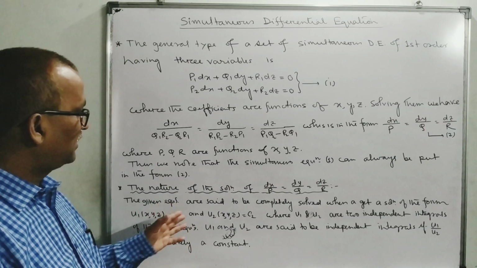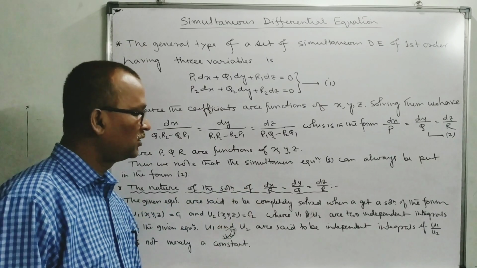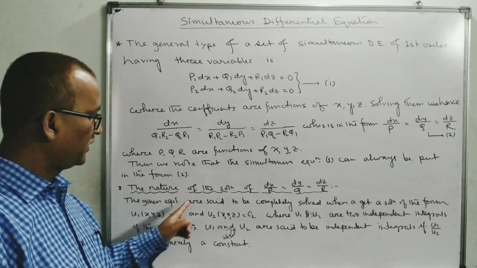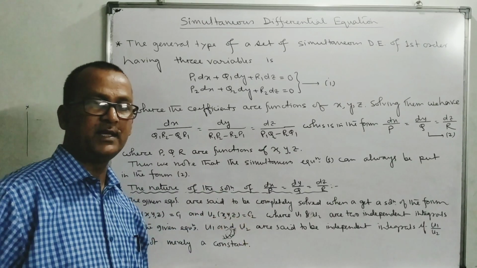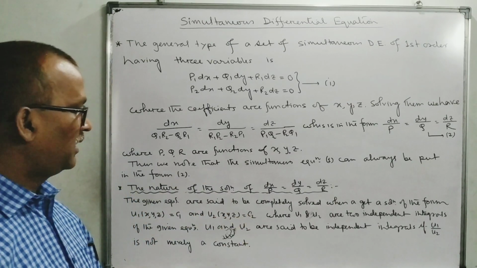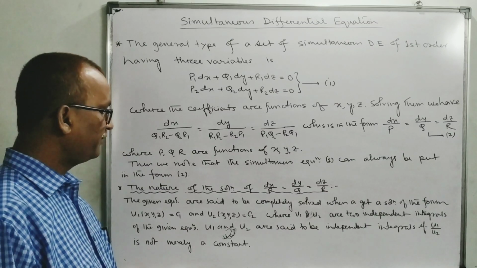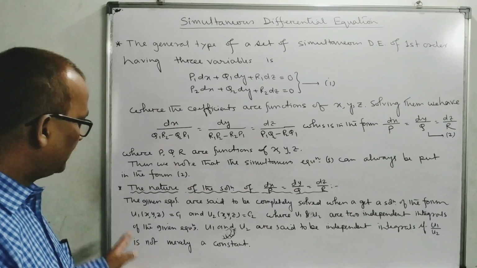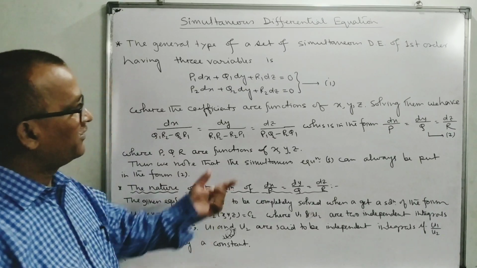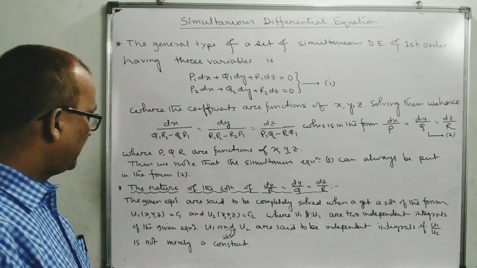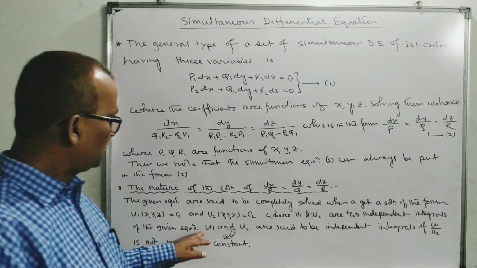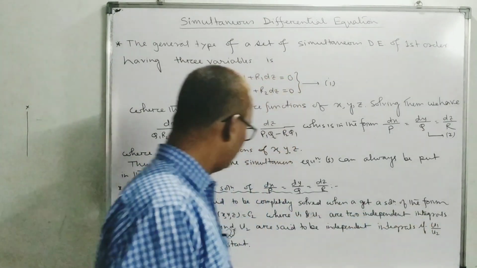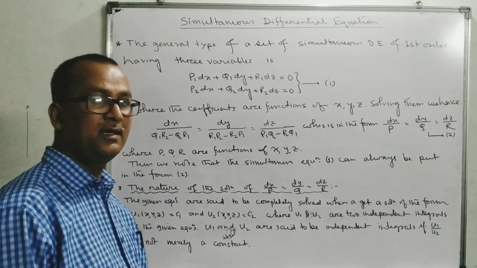So here we see that from this equation we get two solutions, u1 equal to c1, u2 equal to c2, where u1 and u2 are functions of x, y, z, and c1, c2 are arbitrary constants. These two integrals, meaning solutions of equation number 2, are independent if u1 by u2 is not merely a constant.